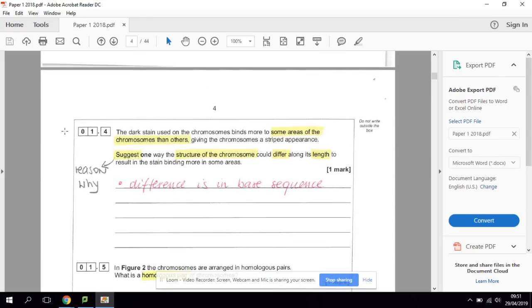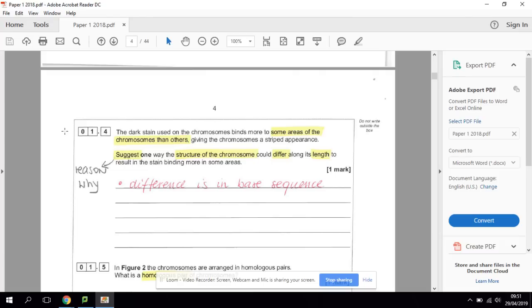Question next, the dark stain used on the chromosomes binds more to some areas of the chromosomes than others, giving the chromosomes a striped appearance. Suggest, so again, give the reason why, one way the structure of the chromosome could differ along its length to result in the stain binding more in some areas.